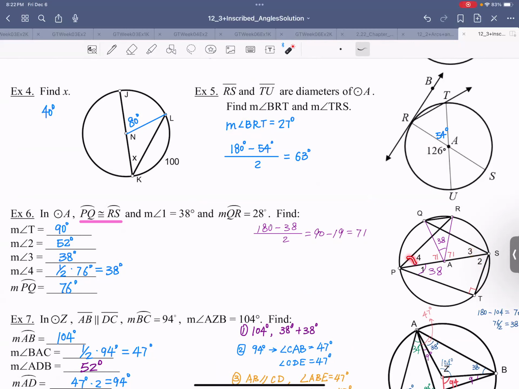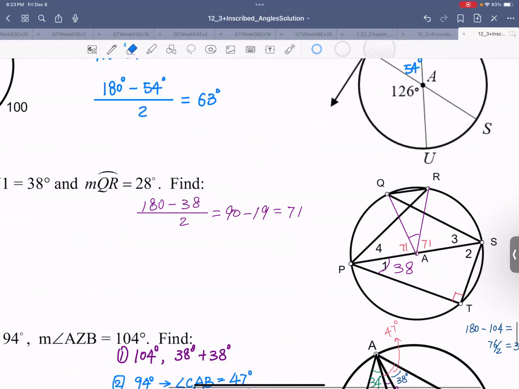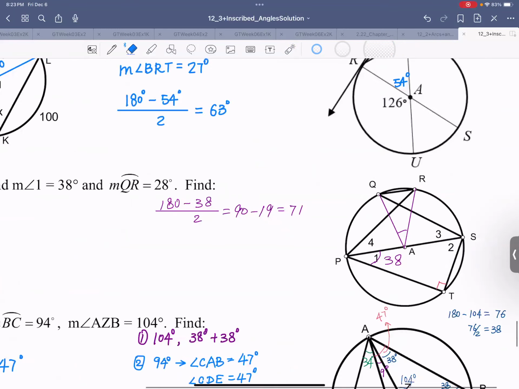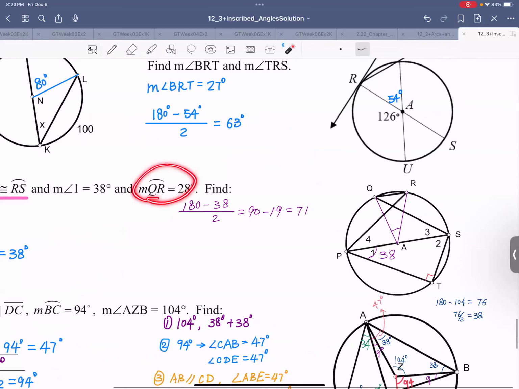Next, we want to solve angle 3 and angle 4. So look at here. Angle 4 will be half. Hold on. Wait a moment. QR, I put the wrong one. This is 38. Here is 28. I put the wrong one. No wonder this number is wrong. Sorry. Yeah, my bad. The QR is 28.